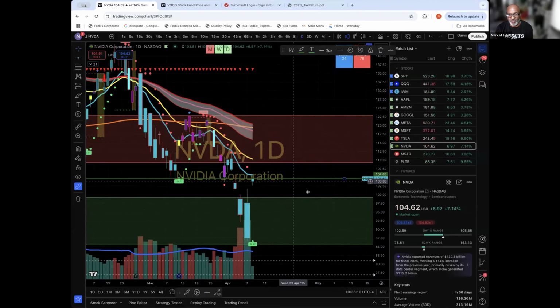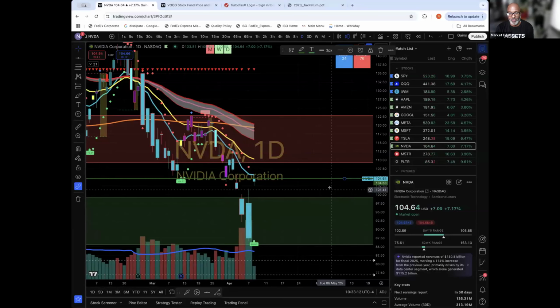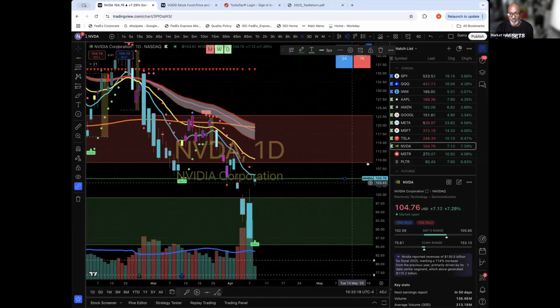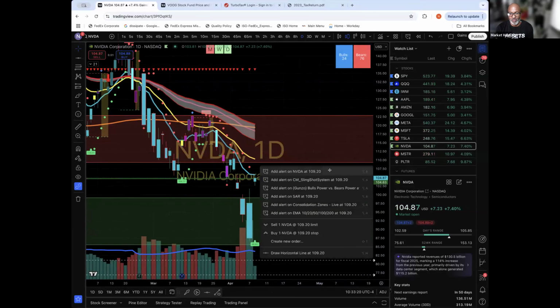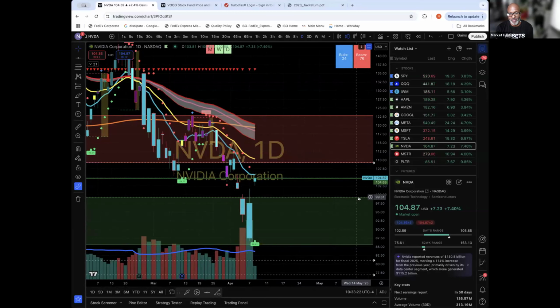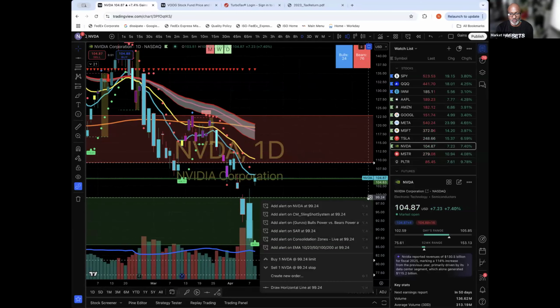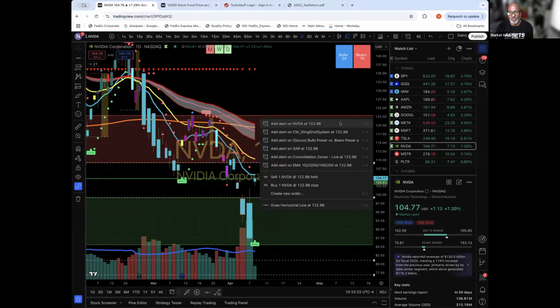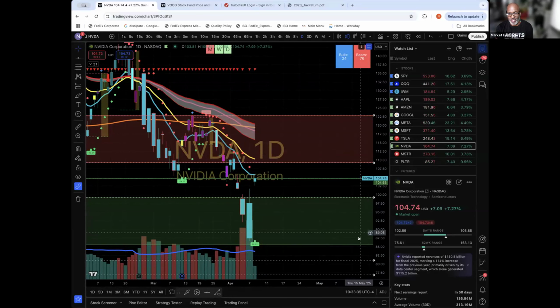So here is my bottom of resistance, 109.20, and here is my top of support, 99.24. Here is my top of resistance, 122.98.